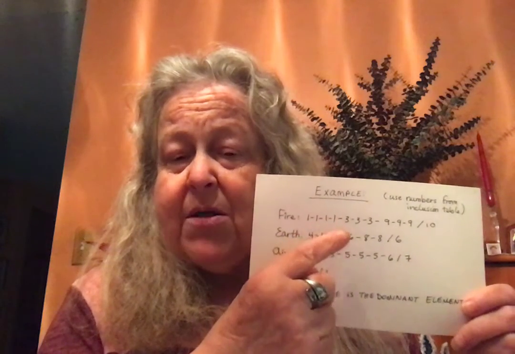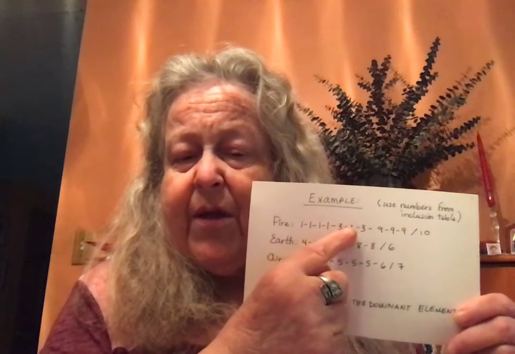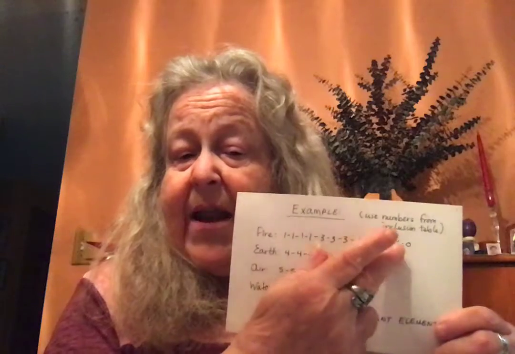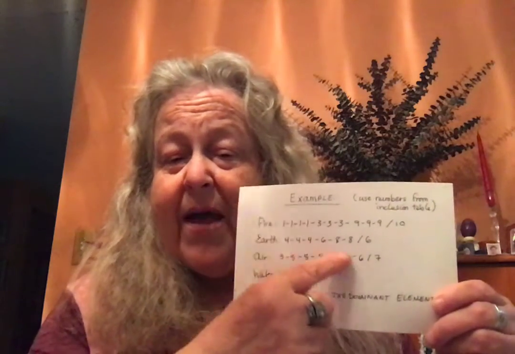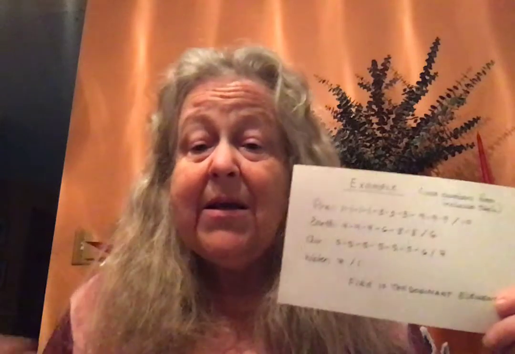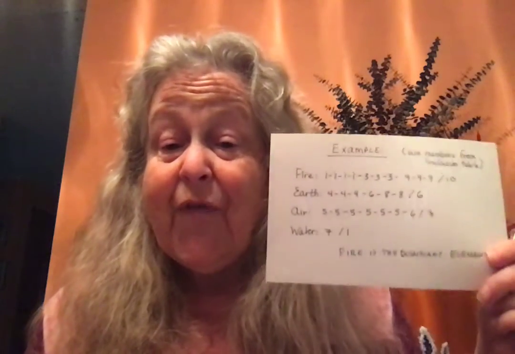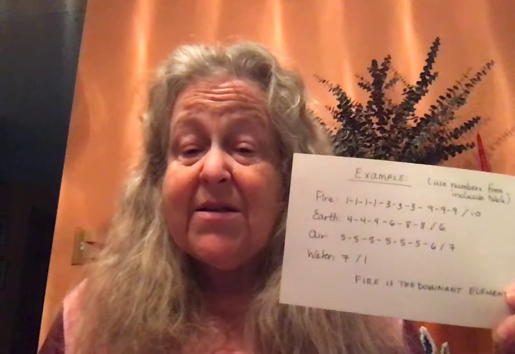So he's got 4 1s, he's got 3 3s, and 3 9s. That adds up to a 10. And the others are all added up in the same way. And you can see 10 for fire. He's got fire as his dominant element. That means he's very likely passionate about many things, might be easy to anger, stuff like that, but mostly passionate about things.